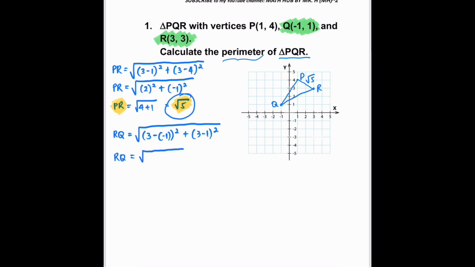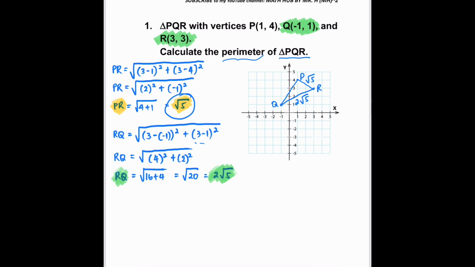Then we carry on simplifying. 3 minus negative 1 is 3 plus 1, so it's going to be 4 squared, plus 3 minus 1 is 2, so it's going to be 2 squared. 4 squared is 16. 2 squared is 4. So RQ is square root of 20. More simplified, 2 square root of 5. All right, so that's the distance between point R and point Q.